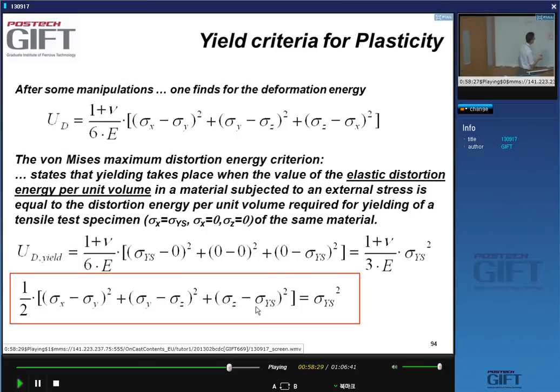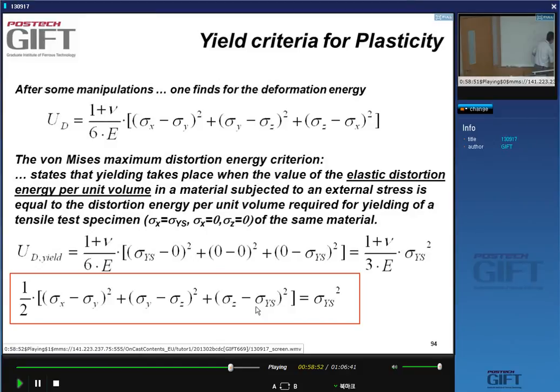So because sigma 2 is 0, we call this condition plane stress conditions. There are no stresses in the third dimension, and our yield surface looks like this.